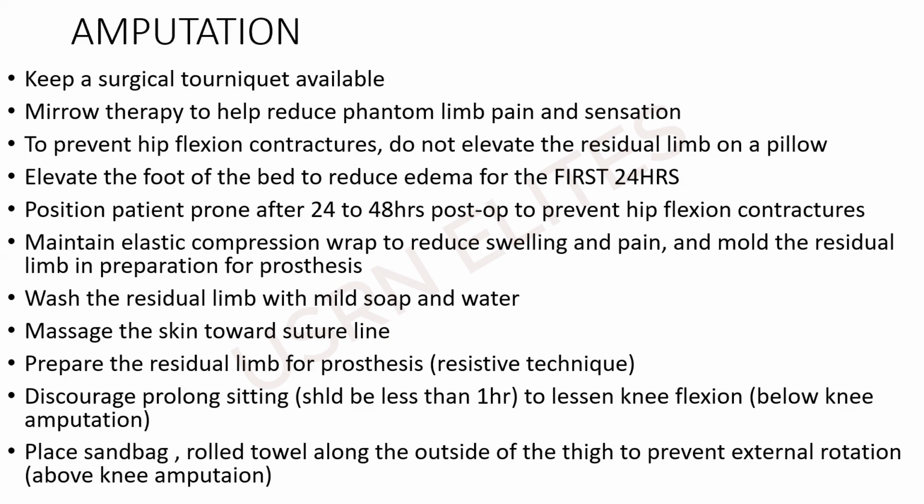So what do we do? We place a sandbag or roll towel. You get a towel, you roll it, and place it on the side to keep the leg or the stump in a neutral position in the middle. Prevent external rotation. We don't want the patient to move the leg outwards, away from the center. All right, so that's what we do.